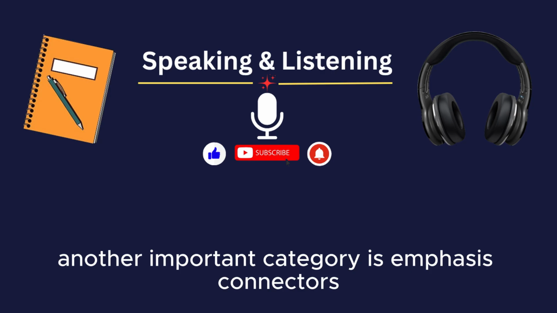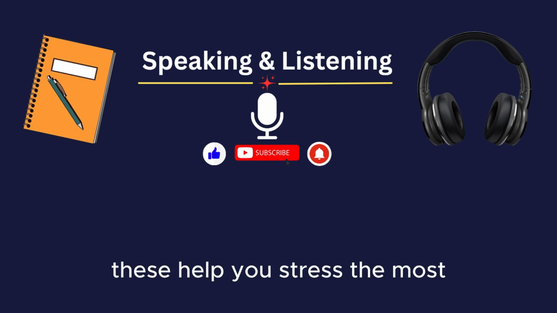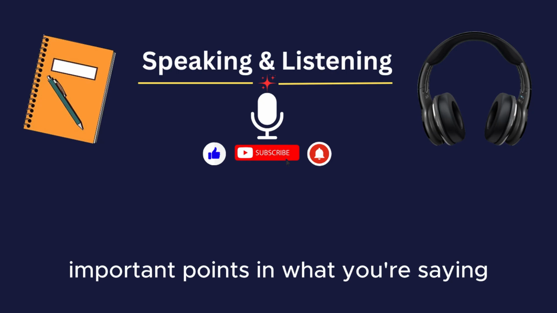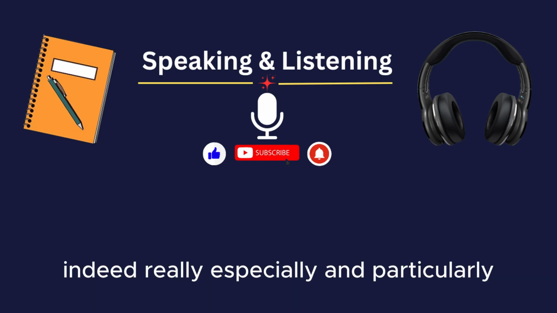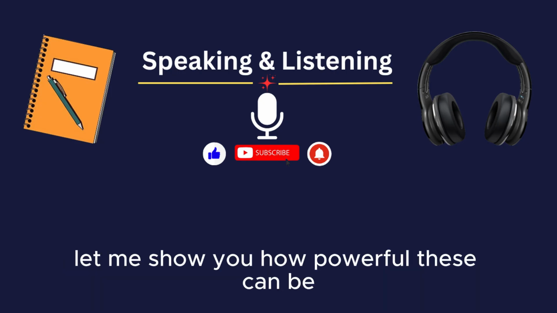Another important category is emphasis connectors. These help you stress the most important points in what you're saying. The key ones are actually, in fact, indeed, really, especially, and particularly. Let me show you how powerful these can be.